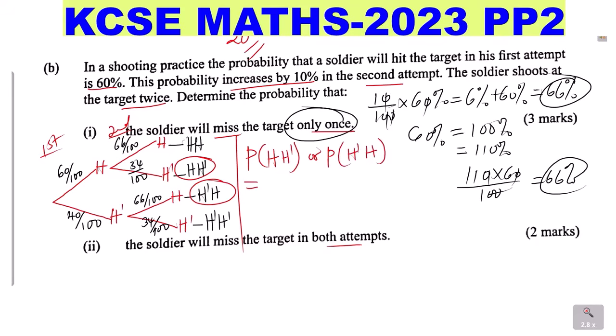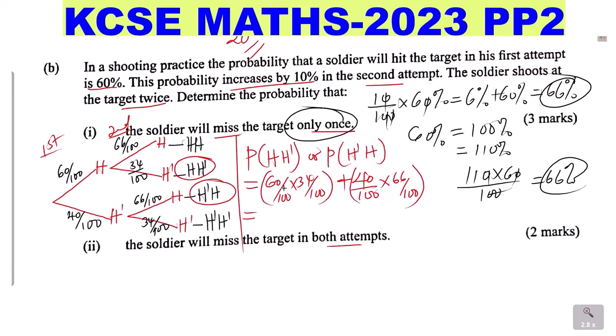So working out these, you're picking these, so 60% times 34%, or you add this one, or this one, 40% times 66%.